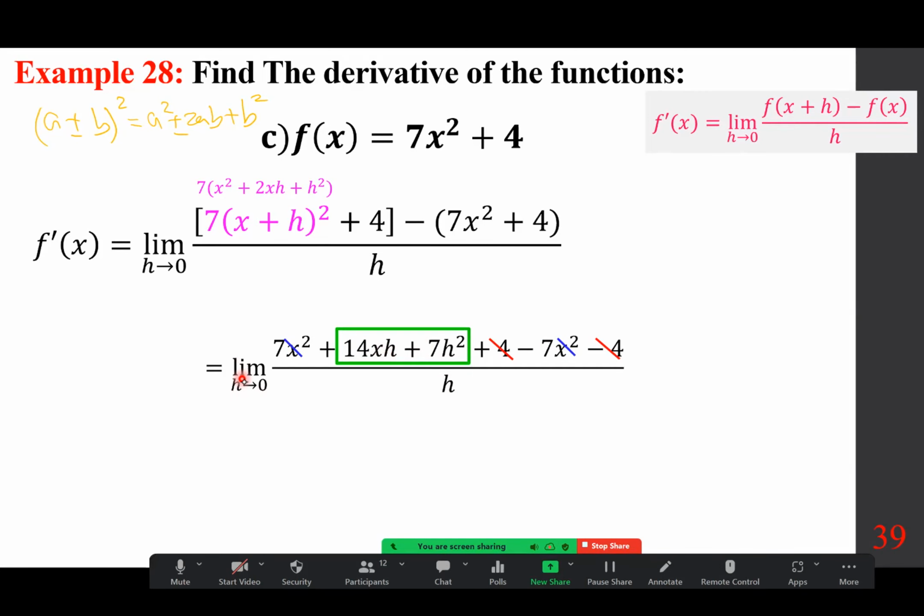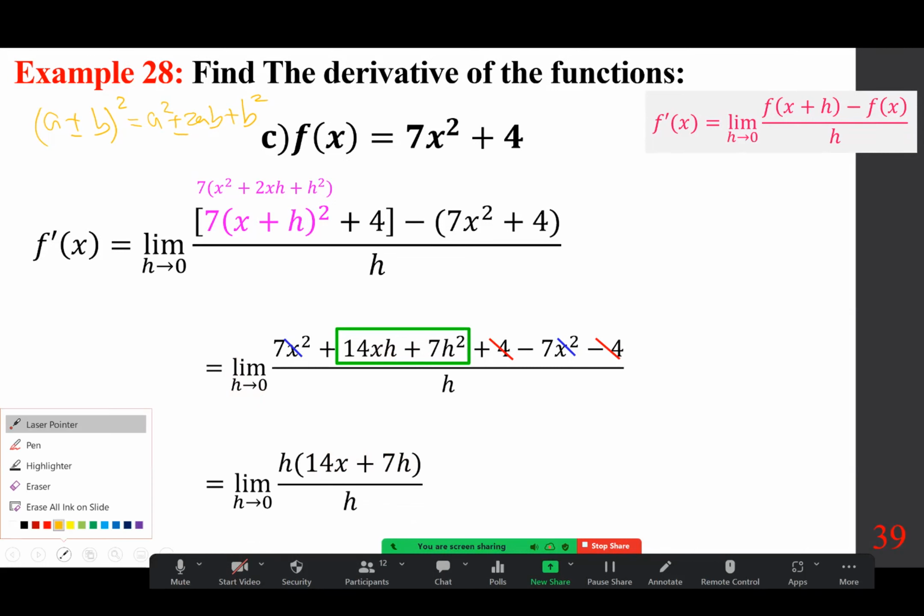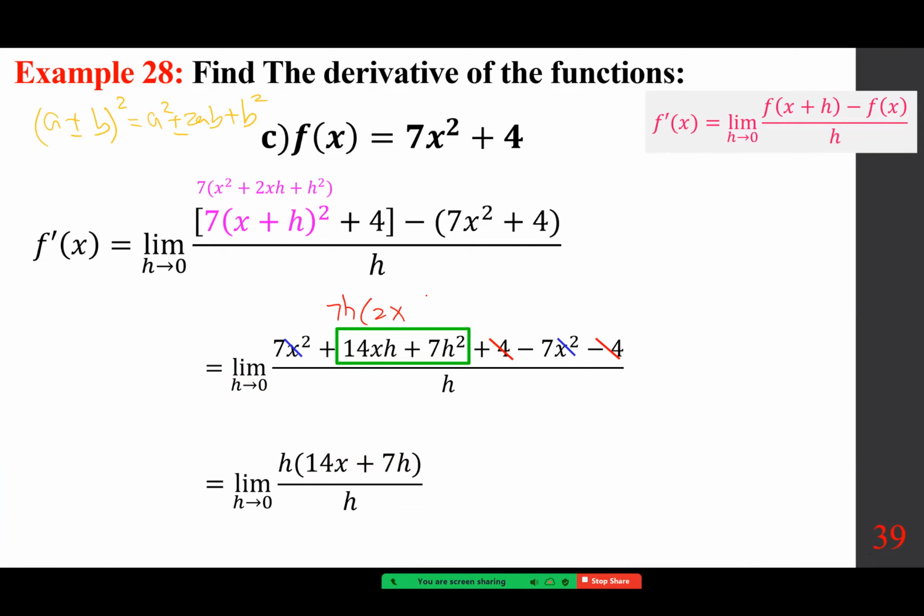So we're going to take the limit as h approaches 0 in this following manner. Again, I want to remind you, this is not a proper factoring. The proper factoring should be 7h times (2x plus h). But the reason I do it this way is because I want to get rid of the h. Can we do it otherwise?